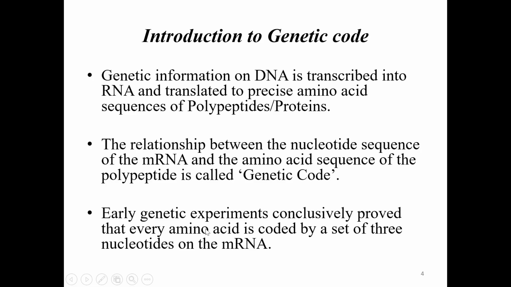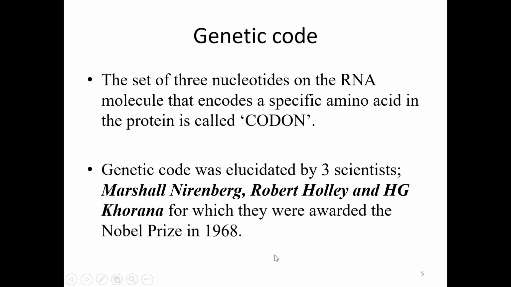See, early genetic experiments conclusively proved that every amino acid is coded by a set of 3 nucleotides on the mRNA. And it is true also. Now, this genetic code was first elucidated by 3 scientists, Marshall Nirenberg, Robert Holley, and H.G. Khorana, for which they were awarded a Nobel Prize in 1968.